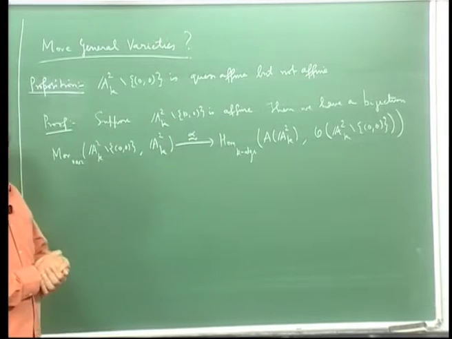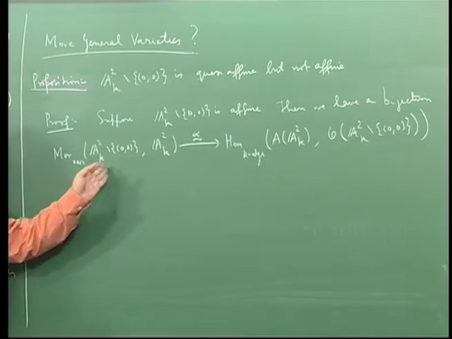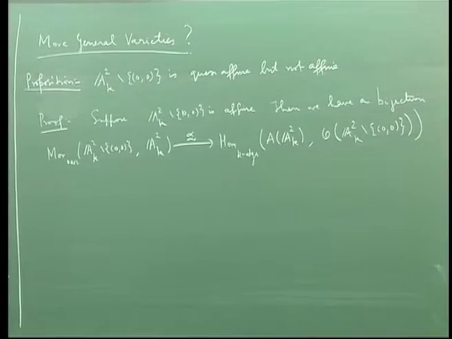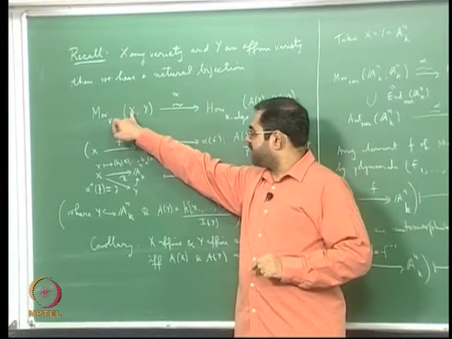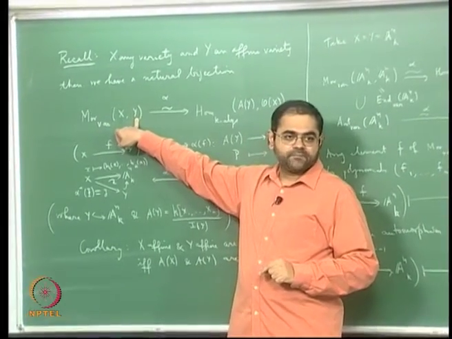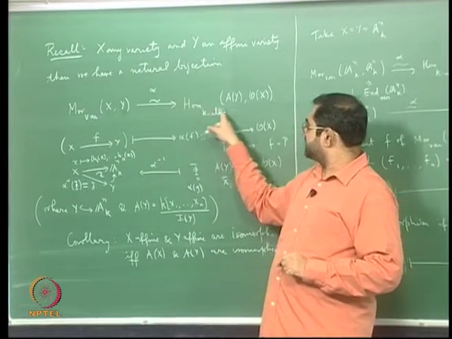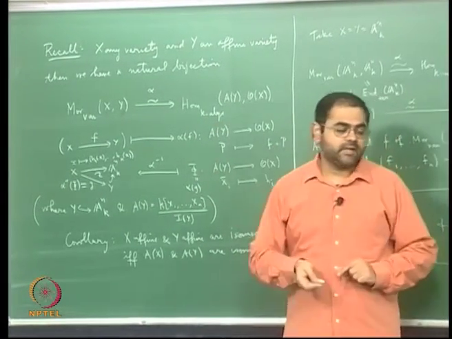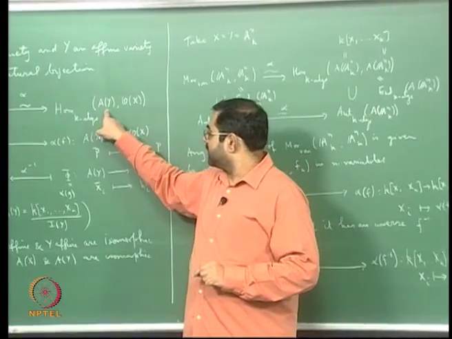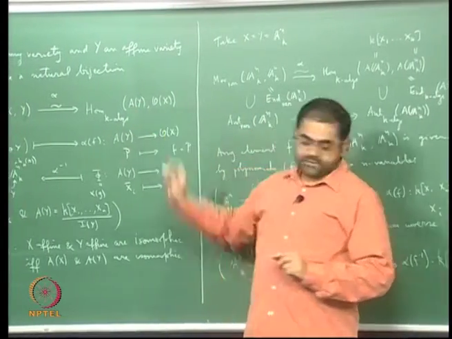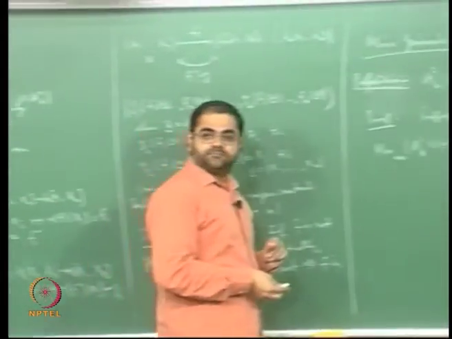I have this bijection that I have already written down here. The set of morphisms from any variety into an affine variety is in bijection with the set of all K algebra homomorphisms from the coordinate ring of the target affine variety to the regular functions on the source variety.